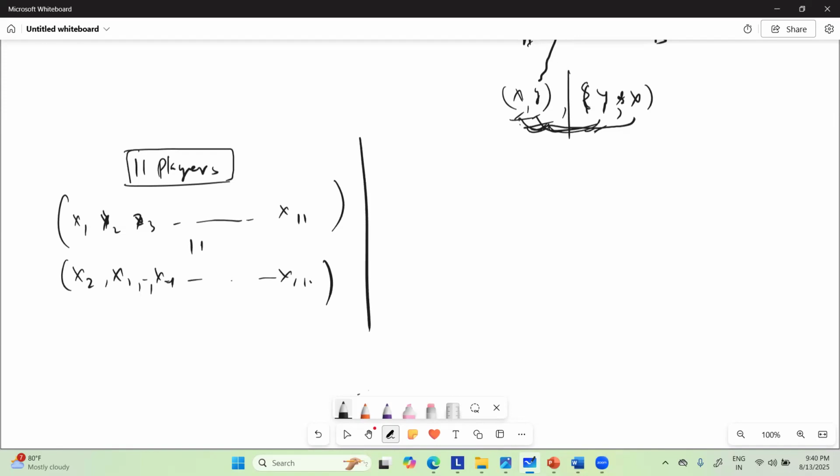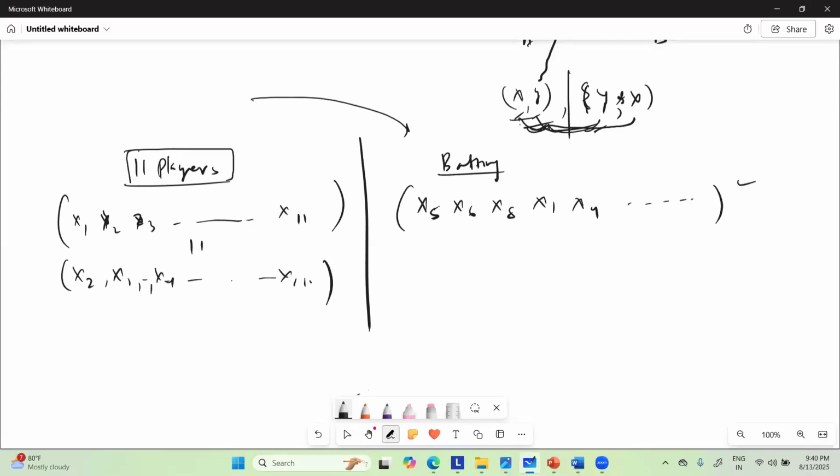But if you want to represent the 11 players in terms of batting order, then I'll have to follow a certain pattern to write it out. Like X5, X6, X8, X1, X4, and like this.